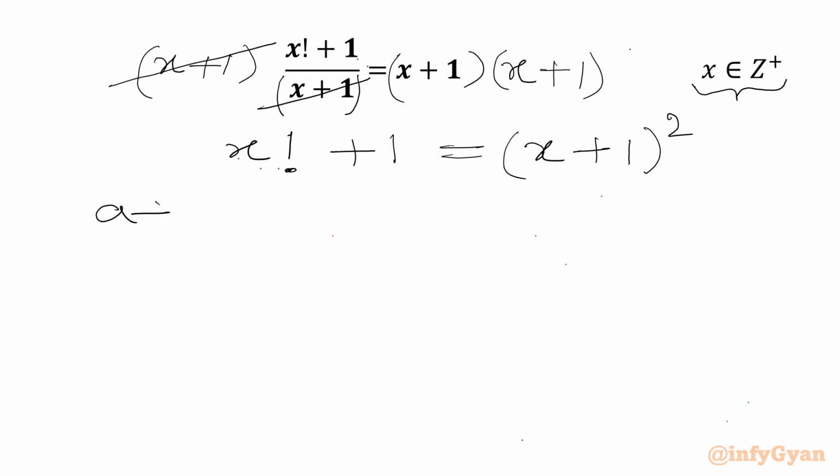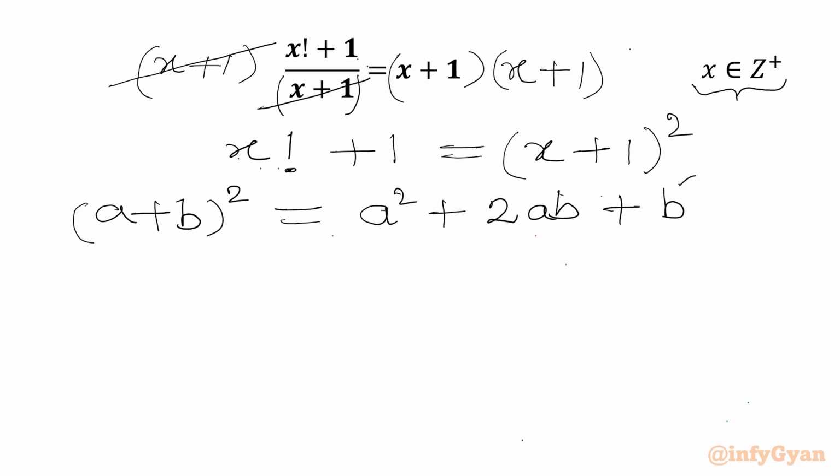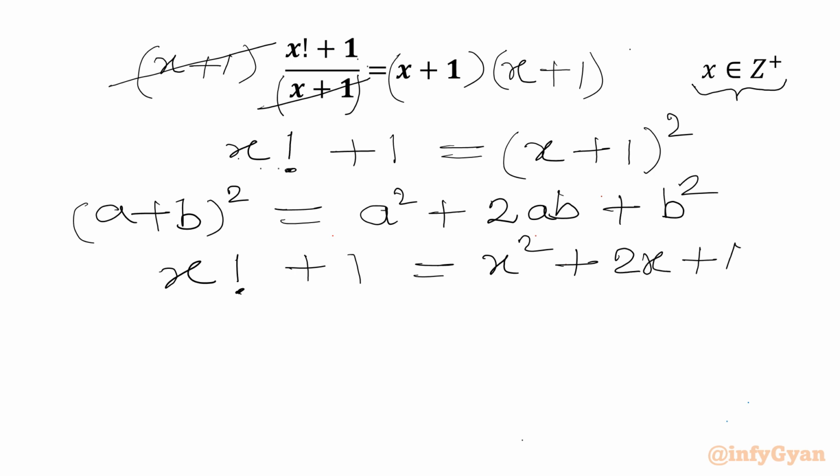Now we know the algebraic formula (a plus b) whole square is equal to a square plus twice ab plus b square. Let's apply it. So x factorial plus 1 will be equal to x square plus 2x plus 1.